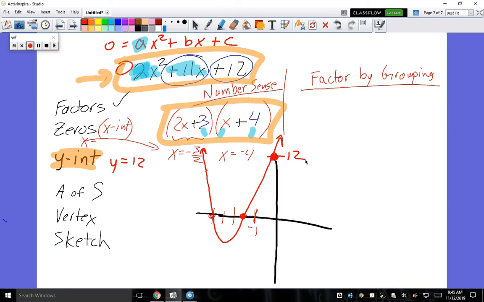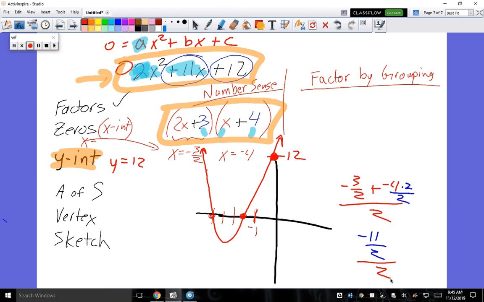Okay. The axis of symmetry is the halfway point. So if I'm adding these and I take the halfway point, yes, I need a common denominator first, which I will get by multiplying this by a form of 1. So I get negative 3 minus 8 is a negative 11 halves over 2. What does that equal?